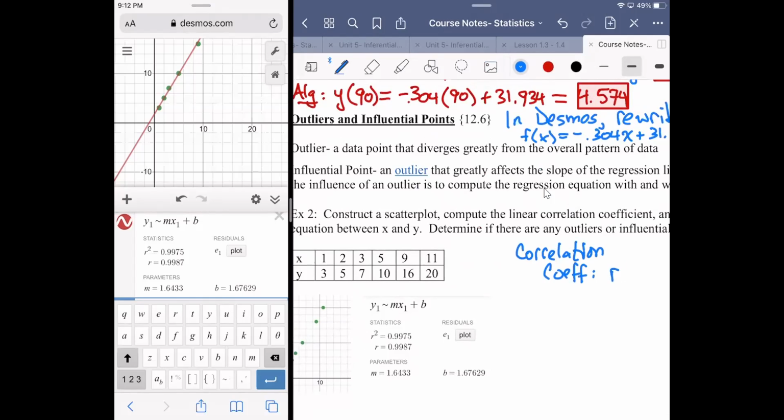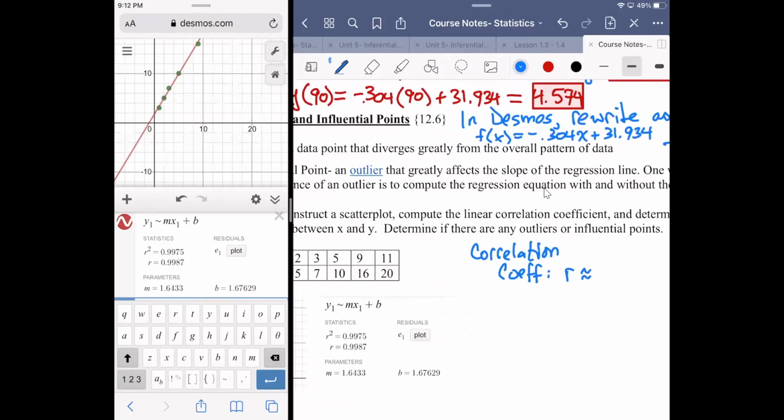All right, so R is 0.999 approximately. So that's pretty dang perfect. It's not 100% perfect, but it's right there. All right, so linear regression equation.